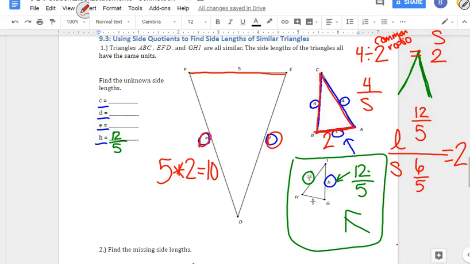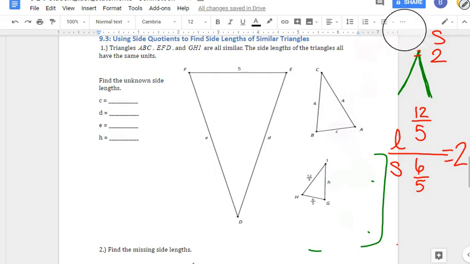So when I take 5 times 2, I get 10. So using the common ratio, I have found all the missing side lengths. Now this one was pretty easy because we were dealing with isosceles triangles.